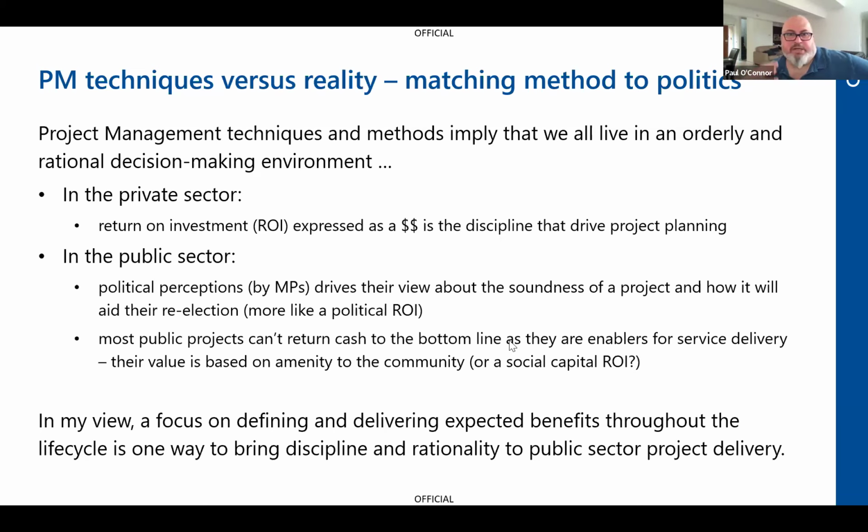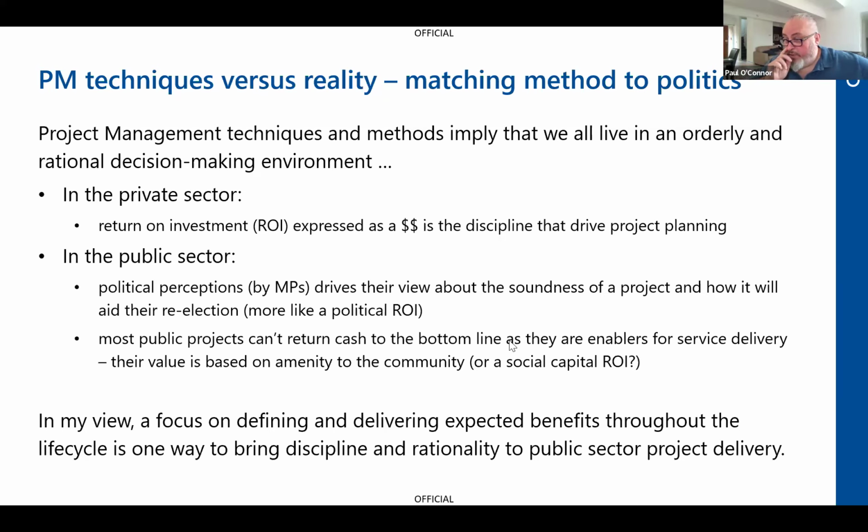How do we make sure our project management techniques don't become totally politicized, but also don't ignore the reality that we're not trying to make money for the boss either, so it's a bit like we have to live in this middle space.